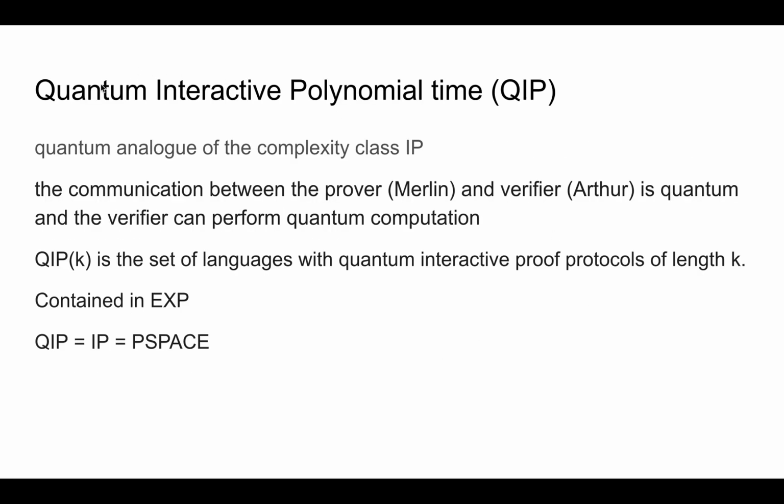Now we talk about quantum interactive polynomial time, or QIP. It's the quantum analog of the complexity class IP, where the prover and the verifier communicate over a quantum channel, and the verifier can perform quantum computation.